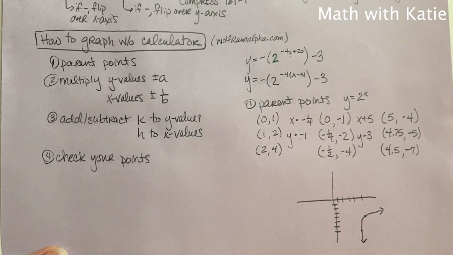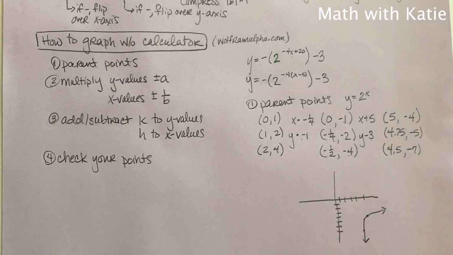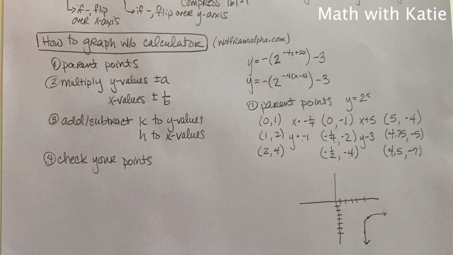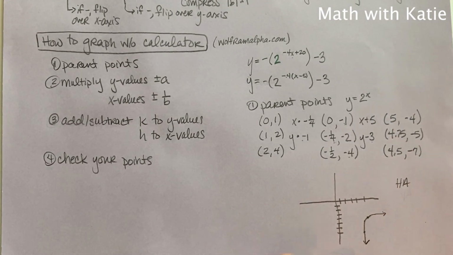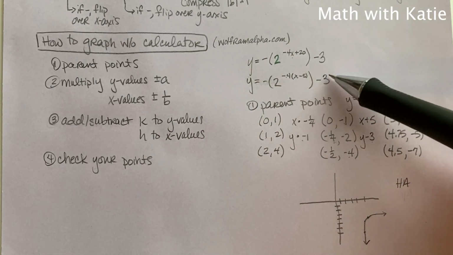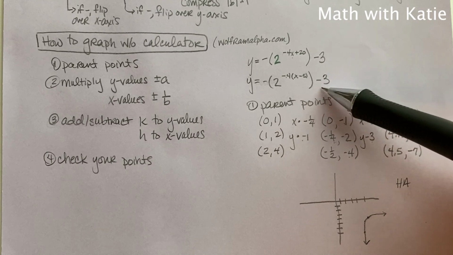Now the biggest thing we do need to address is where the horizontal or vertical asymptote is, right? So even though we have flipped it over the x-axis and the y-axis, we're still going to have a horizontal asymptote, okay? And where is that actually? Well, it is controlled by this value, okay?